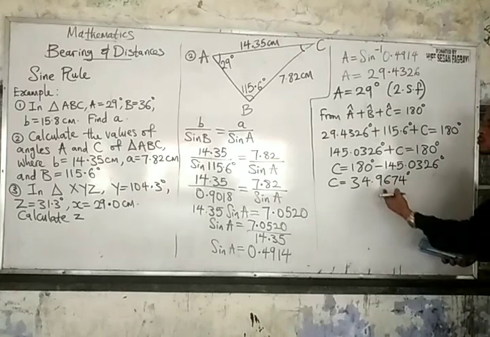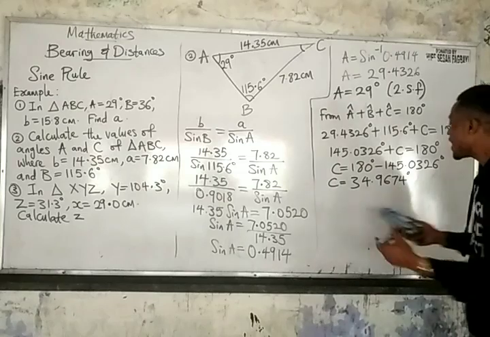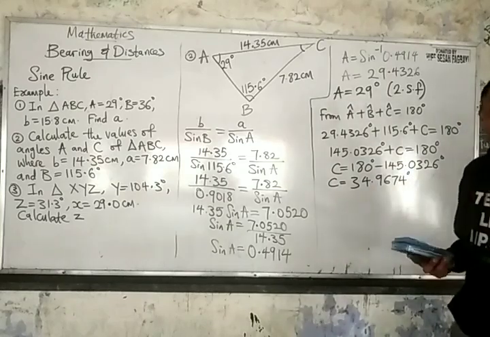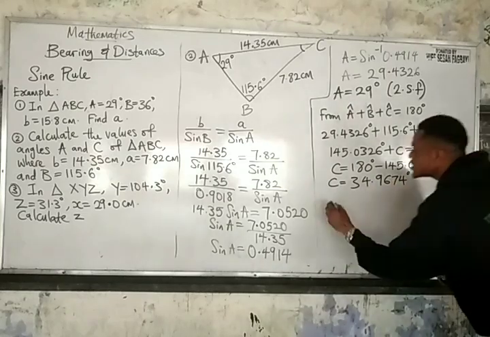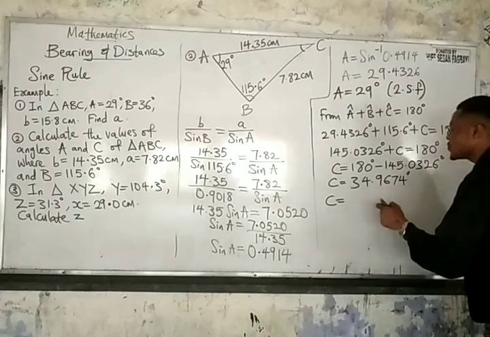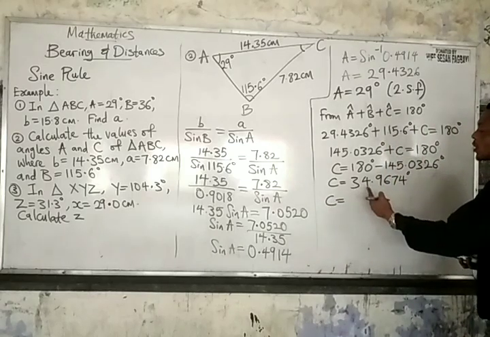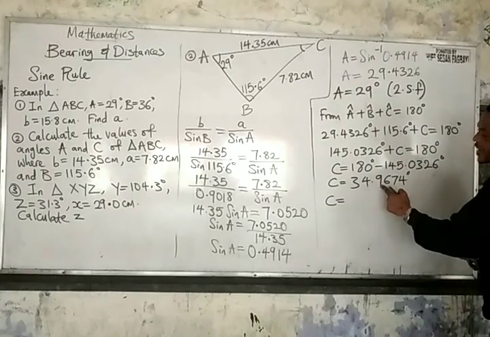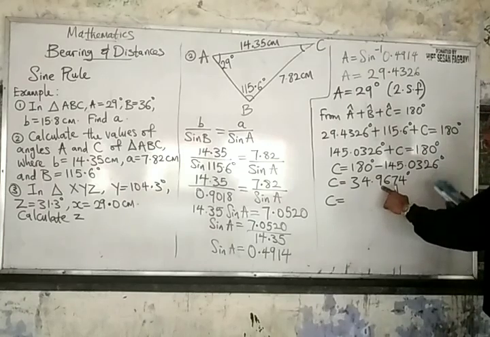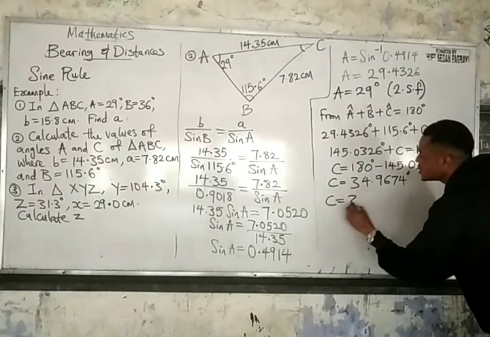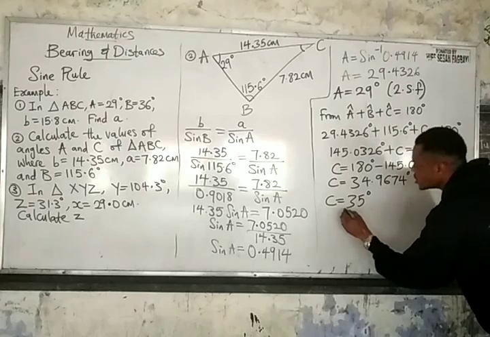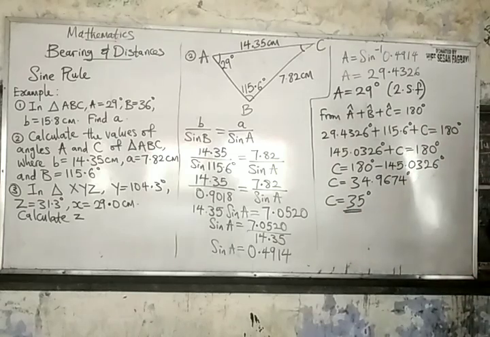This is the exact value, but I've been leaving the answer in two significant figures. This is the first significant figure, this is the second one. By the time you round up the next one, it becomes 1, I add it to this, it becomes 35 degrees. Easy.